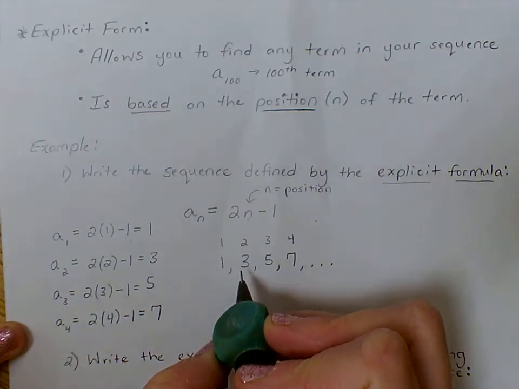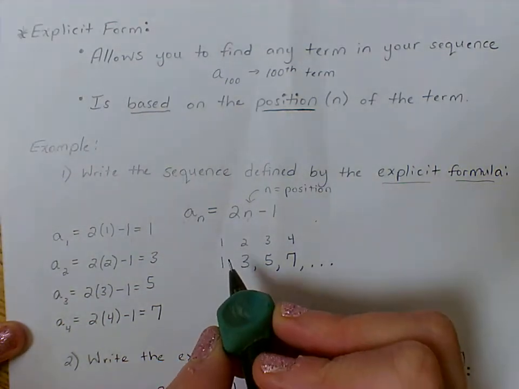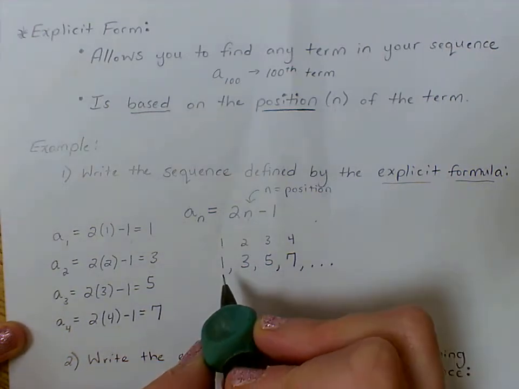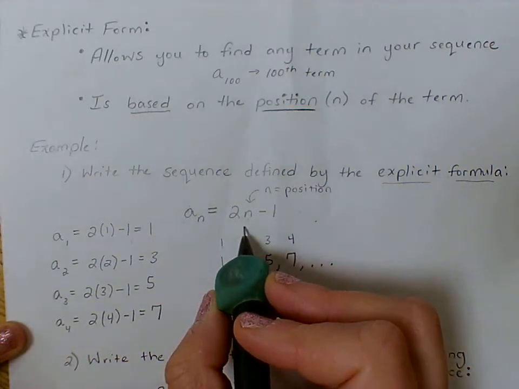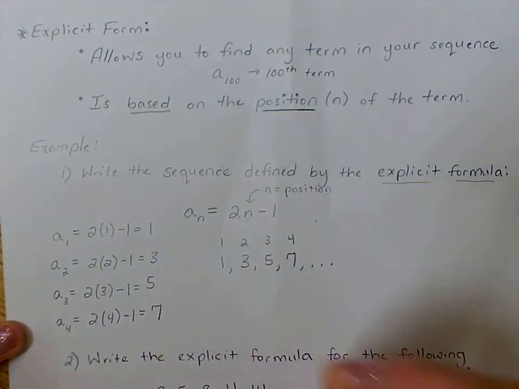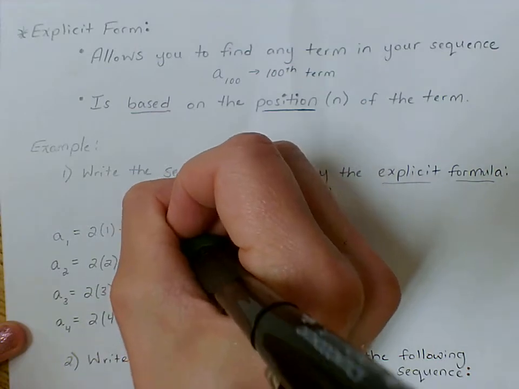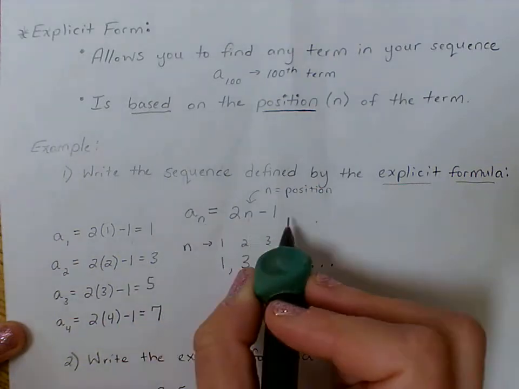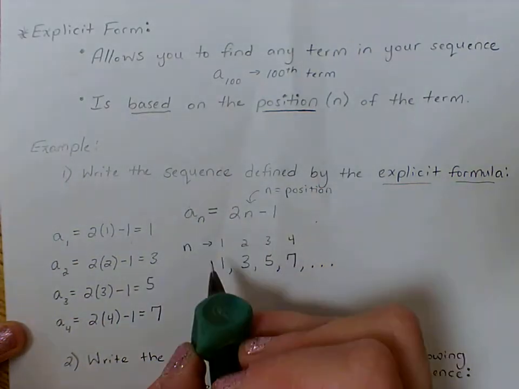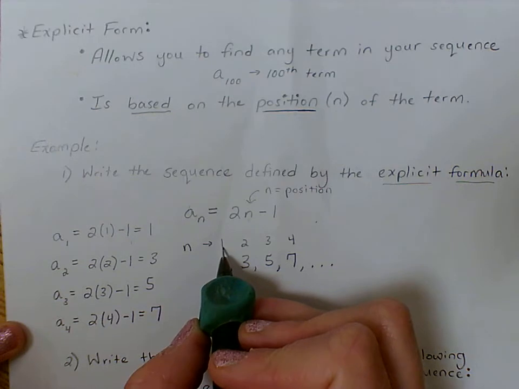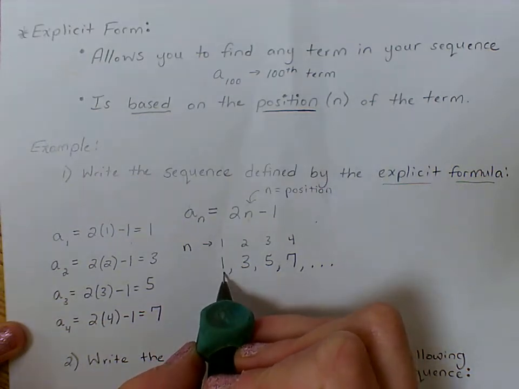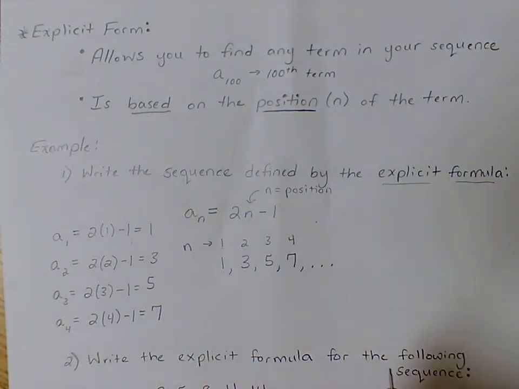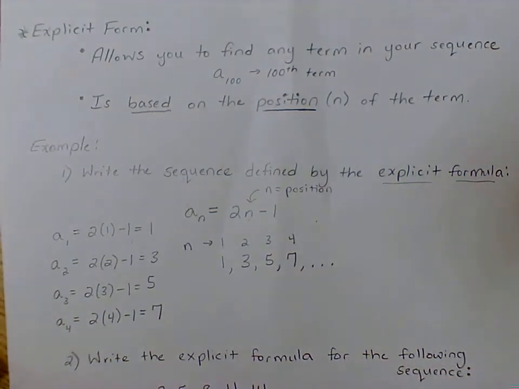And so that's actually what we're going to move on to, is if they give you the sequence instead, what would you do if you had to write the equation? Well, that's what we're going to work on, okay? So again, when you have to go from the sequence and write the equation from it, what you're doing is asking yourself, what do I do to these numbers to get the terms in my sequence, okay? It does take some reasoning to do that, but that's what we're working on, okay?